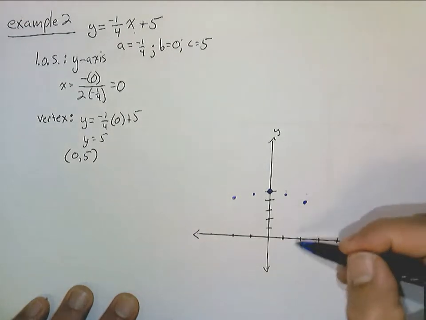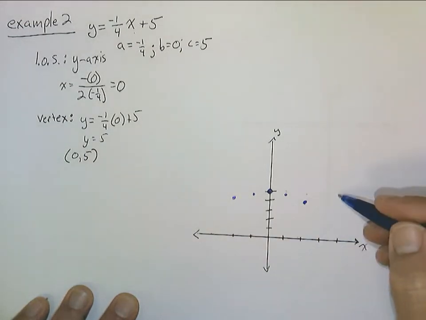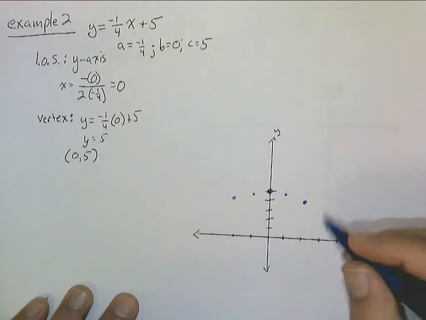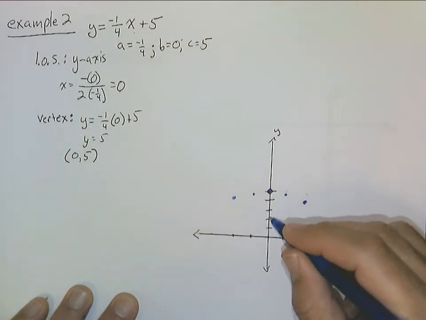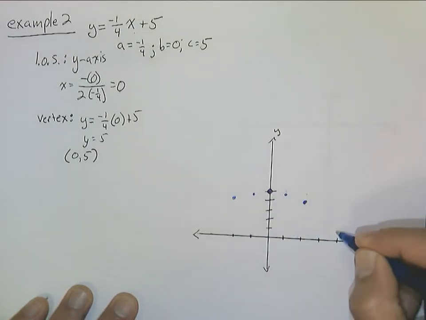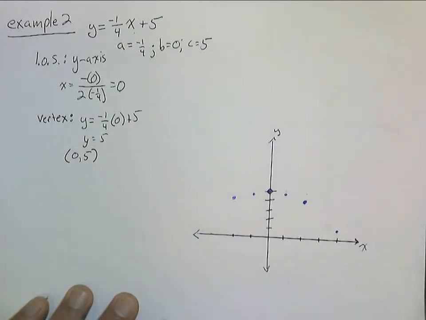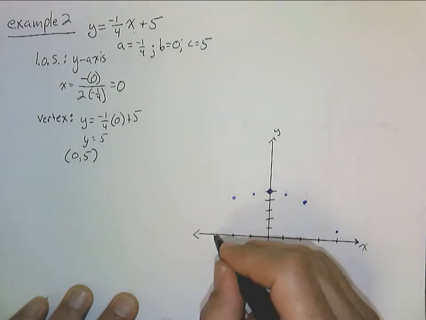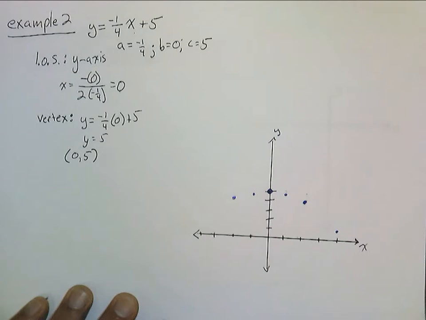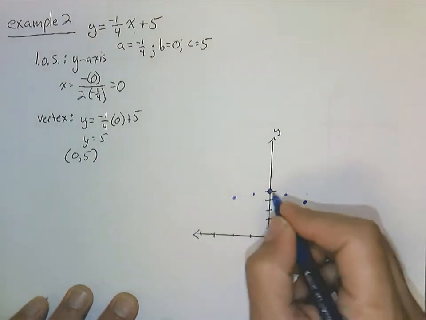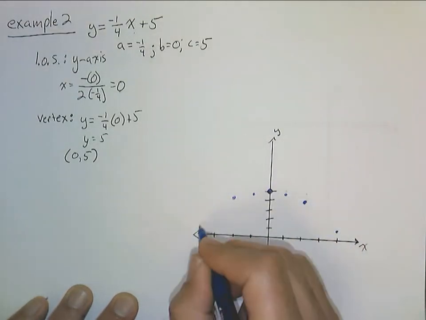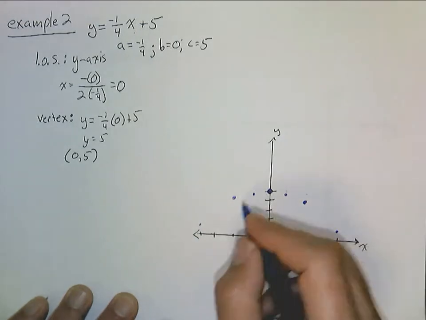So if we go over 4, we go down 16 times 1/4, we're down 4. 1, 2, 3, 4. So now we're right at the point 4, 1. And similarly, on the other side, we move over 4, and we go down 4, and we have our point right there.